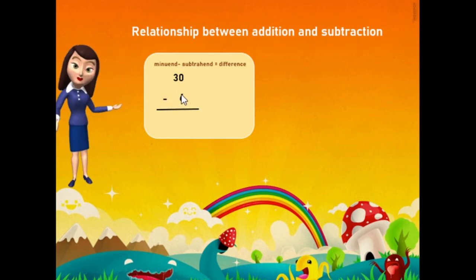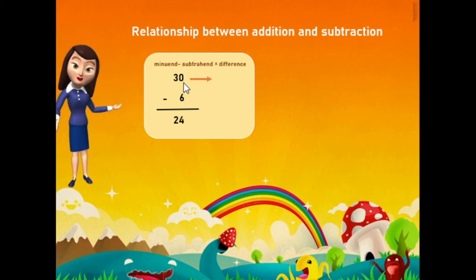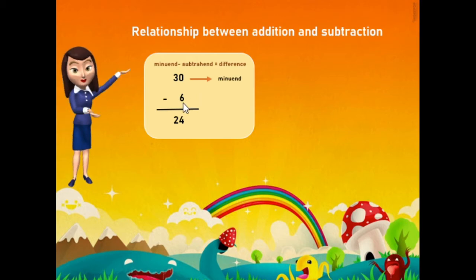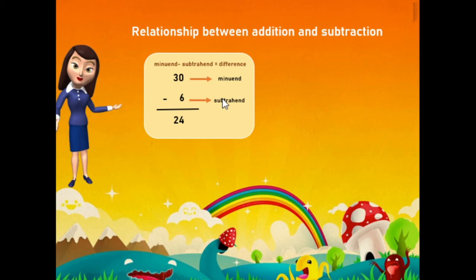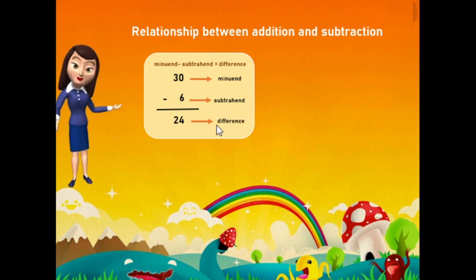Can you identify what is the minuend? Minuend is 30. 6 is the subtrahend. And 24 is our difference.